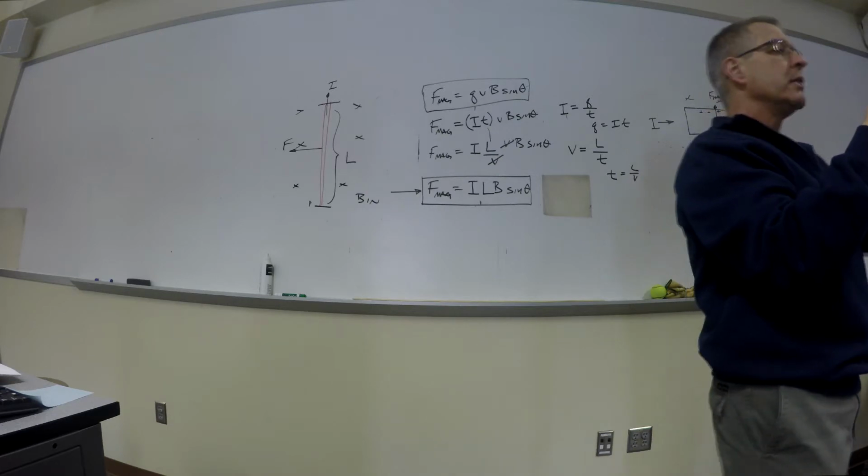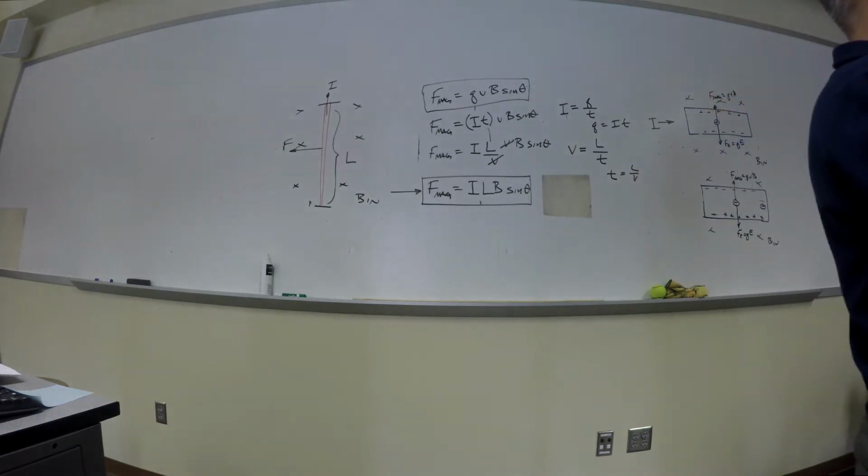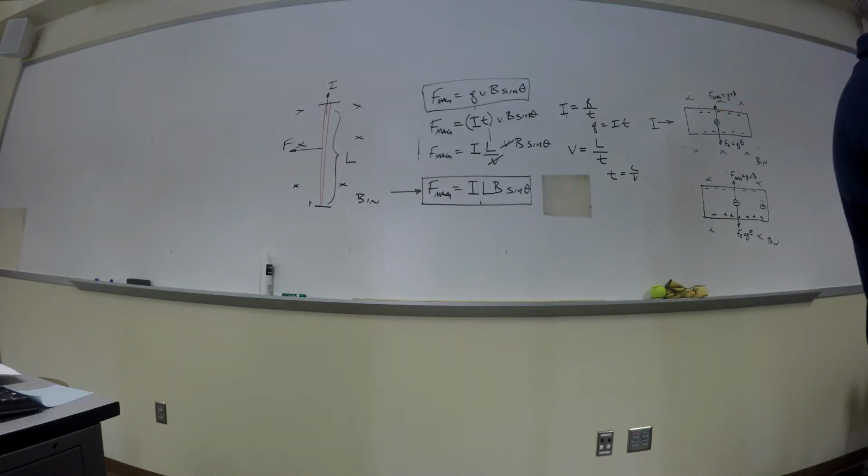What's the direction of the force on this part of the loop? So current's going down, field's that way. What does your right hand say? Remember, these are right hand rules.